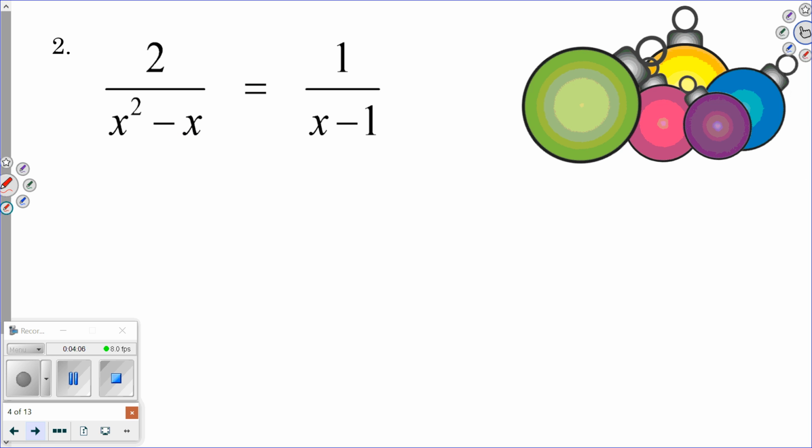All right, number 2. So it is fraction equals fraction. The reason I keep kind of drawing your attention to that, on your green sheet on the bottom right, look at that column.